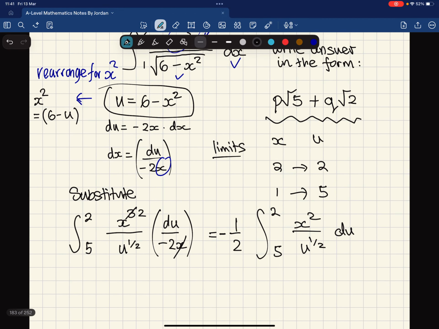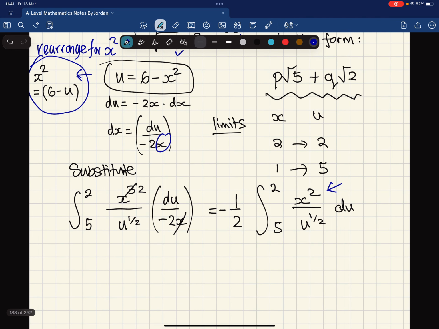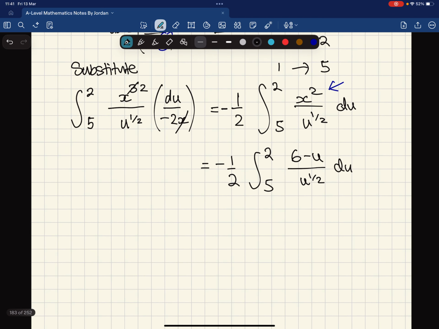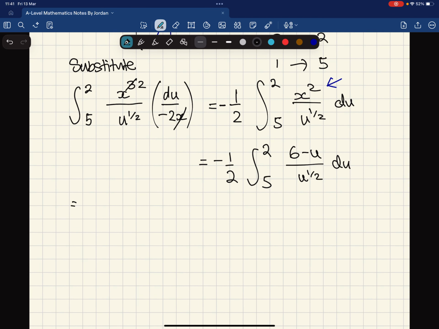Remembering that we also had a rearrangement for x squared here. So if I substitute that in, that gives us 6 minus u at the top over u to the half du. Still going to do a bit more simplifying.